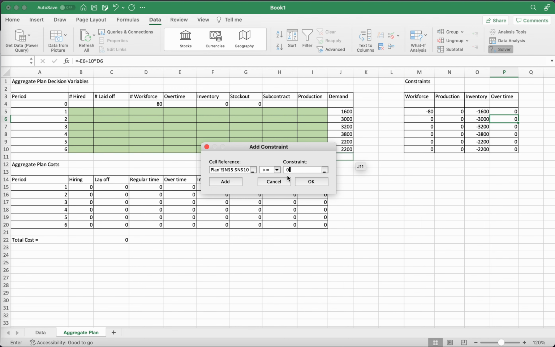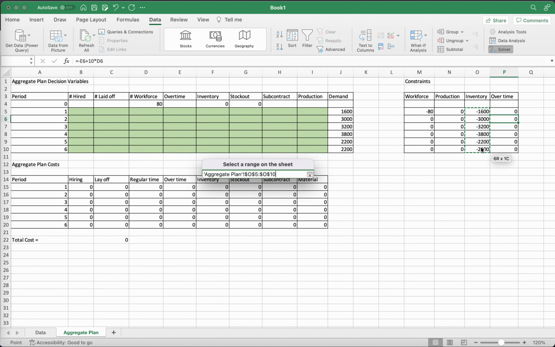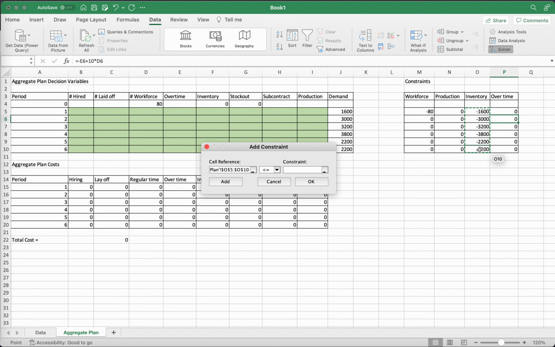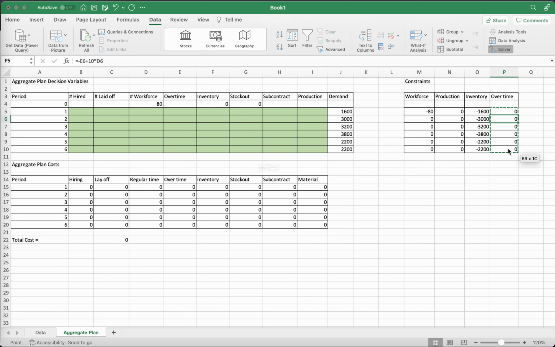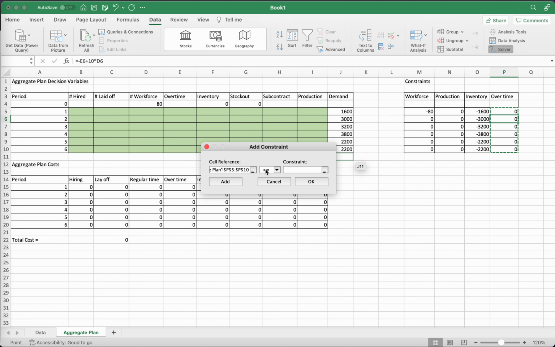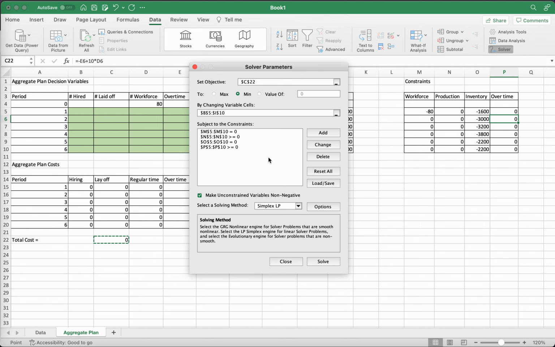All the inventory constraints, so that's O5 through O10, all of them have to be equal to 0. And finally, all the overtime constraints, all of them have to be greater than or equal to 0. And there you go. So we have the 4 sets of constraints.